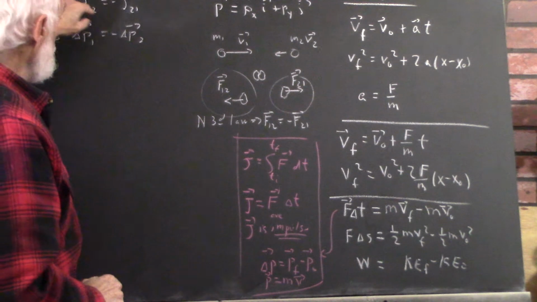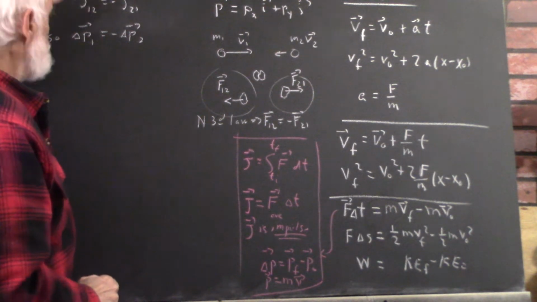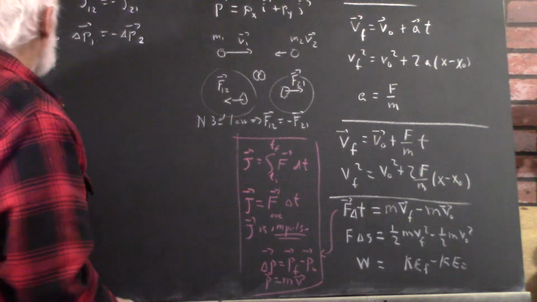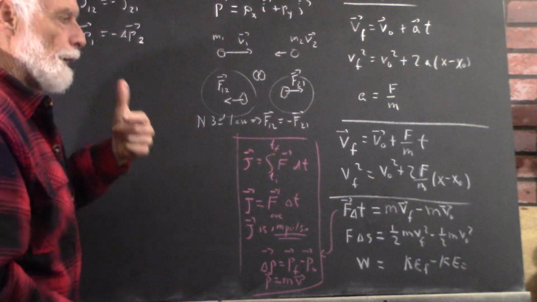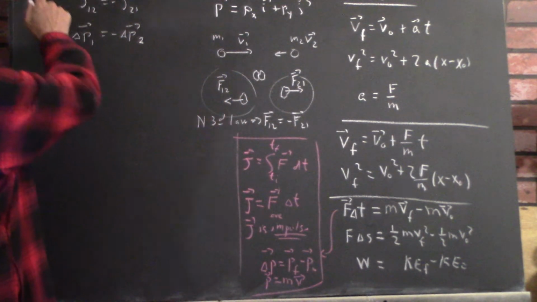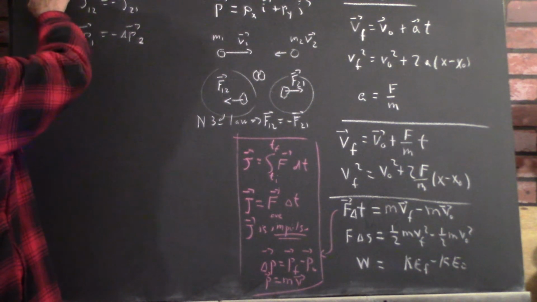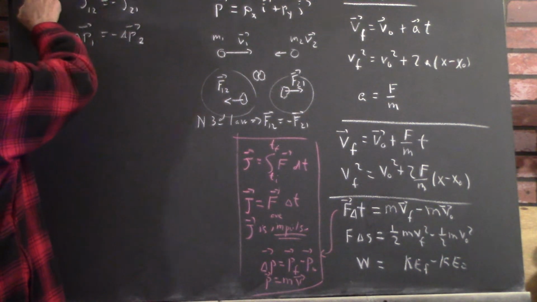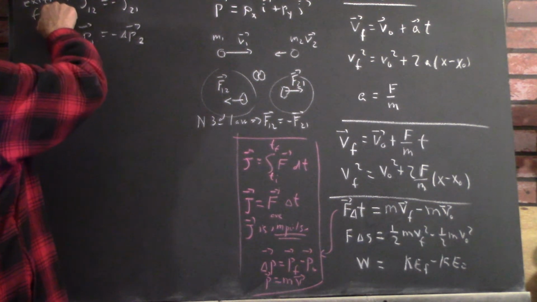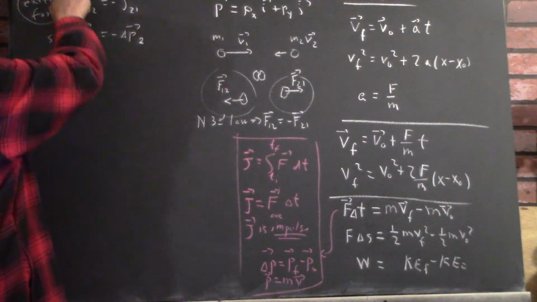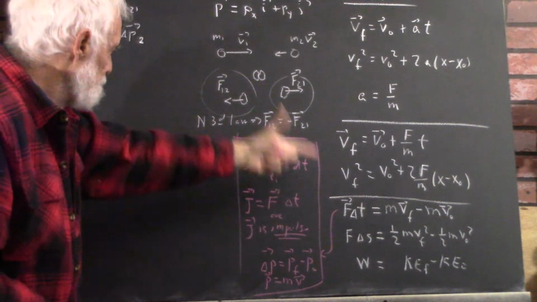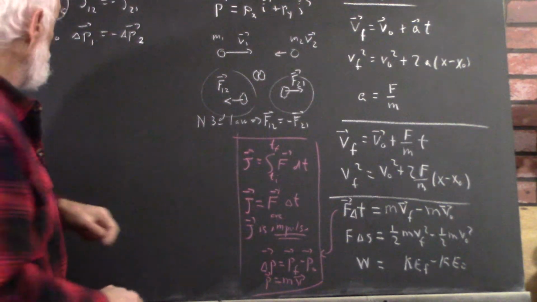These are the impulses due to these forces. So if there are no external forces, okay, if there are no external forces, I should have said that, then the impulses are equal and opposite. It just follows from what we've done here, which is fairly straightforward.